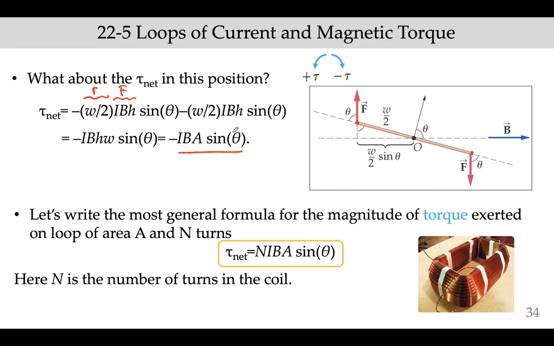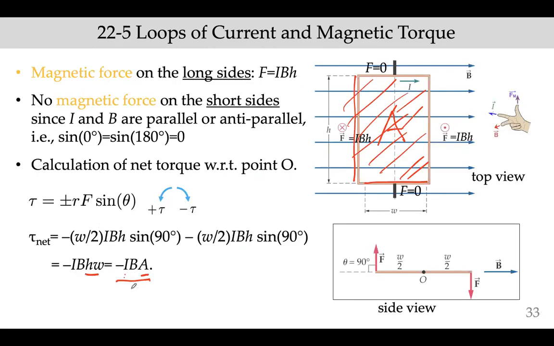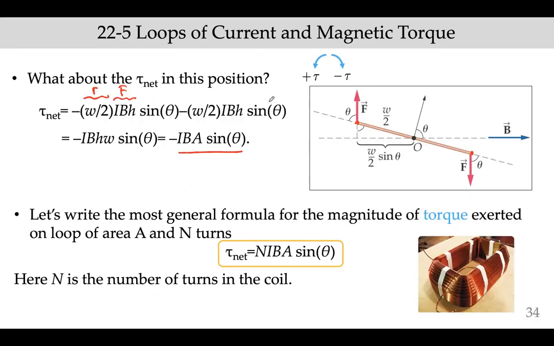And if you put 90 degrees here, sine gives you 1, and you end up with IBA, which was the result here. So you can get back to this if the angle is 90 degrees. But in general, this is the answer. So this is the net torque on this loop of wire because of the current and the magnetic field.